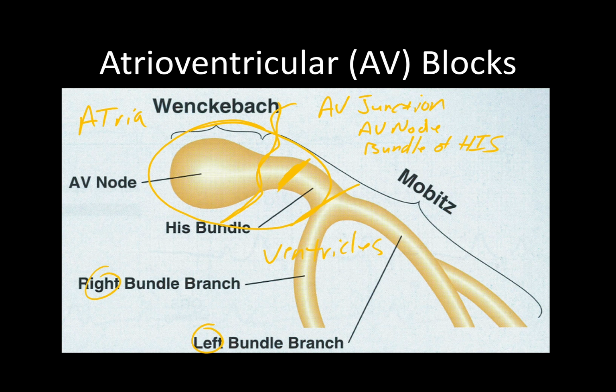And that's the hallmark of these AV blocks, is that something somewhere as part of this AV junction is damaged or busted and is causing delays or complete blockages of the electrical impulses trying to get through.